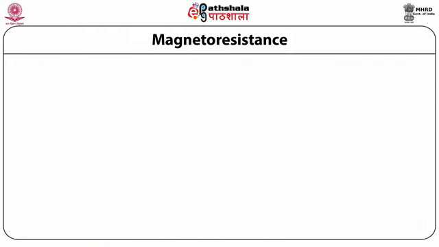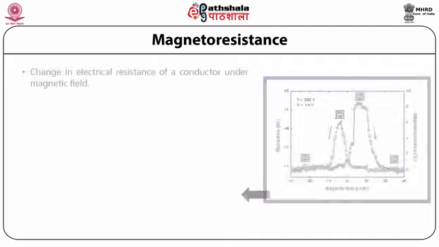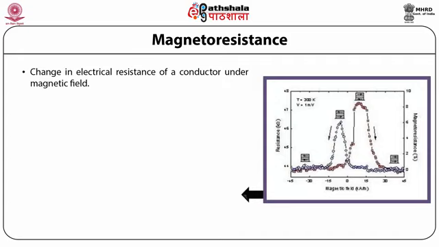Magnetoresistance. Magnetoresistance of a conductor refers to the change in electrical resistance of a conductor when placed in a perpendicular magnetic field. It is also important to note this well-known phenomenon, GMR material, for which the Nobel Prize was given last year, giant magnetoresistance.